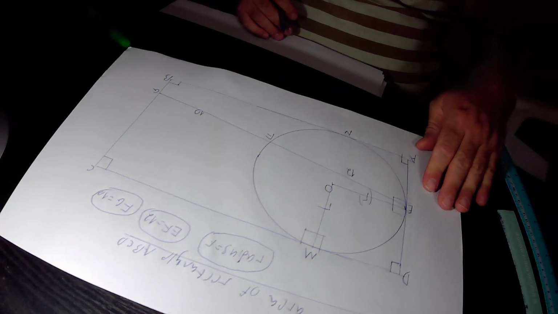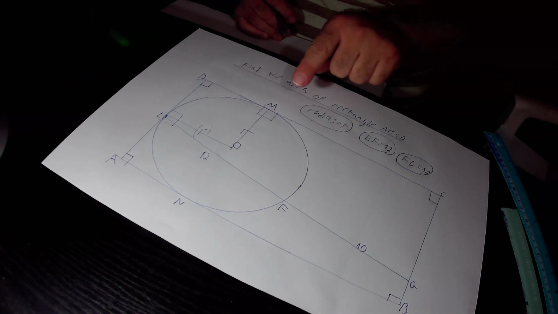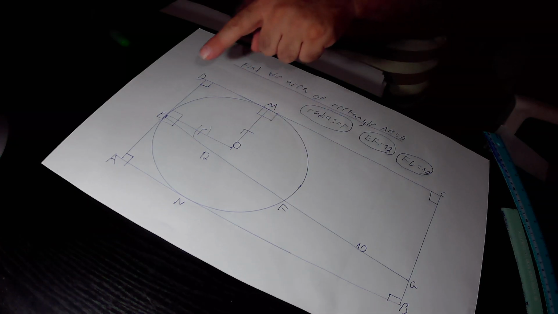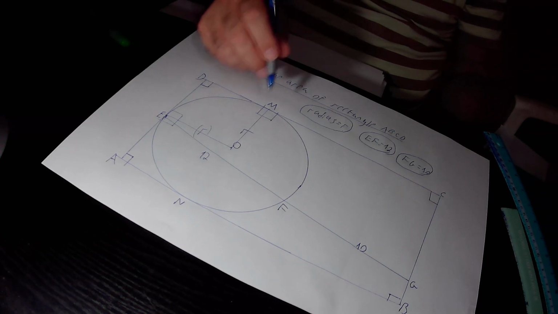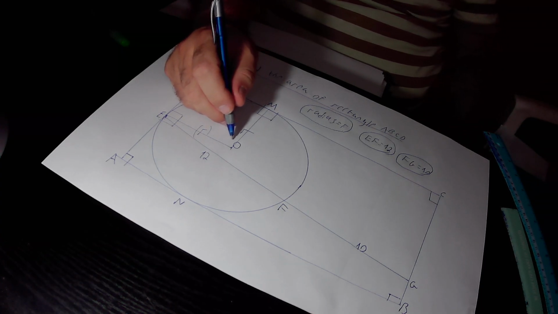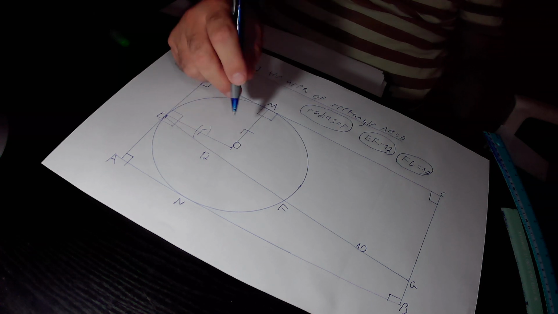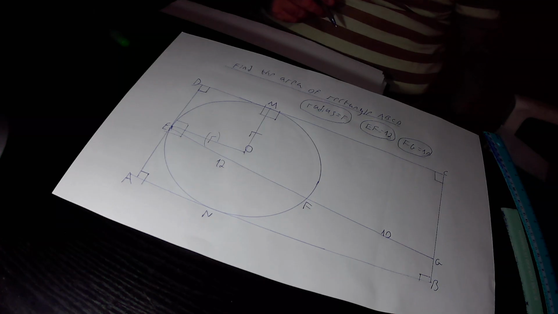So inside the small quadrilateral DMOE we have 1, 2, 3 right angles. The sum of 3 right angles is 270 degrees, so 270 degrees plus the size of this fourth angle, in total must equal 360 degrees, according to the rule that the sum of the angles in any quadrilateral is 360 degrees.